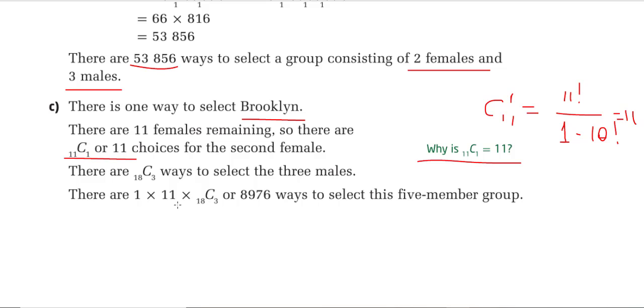Now we need to multiply all of them. So the one is Brooklyn, then 11 ways for the second female, and this many ways for the 3 males. If we compute them, we have 8,976 ways to select these 5-member groups, which contain Brooklyn.